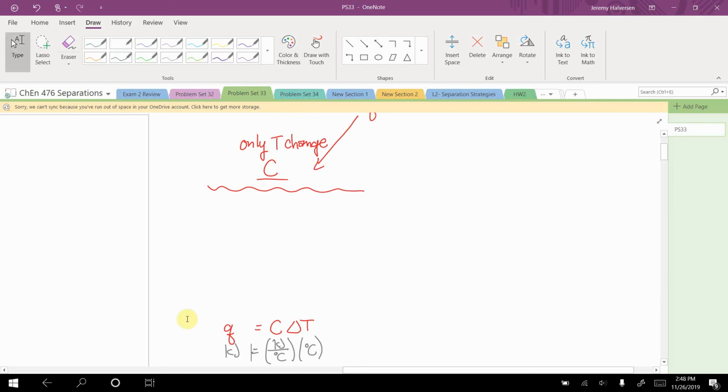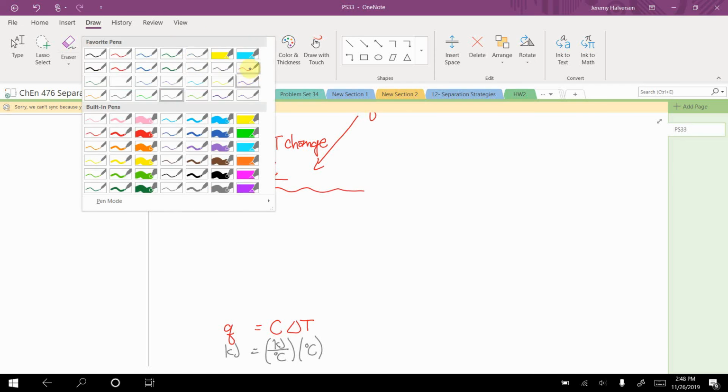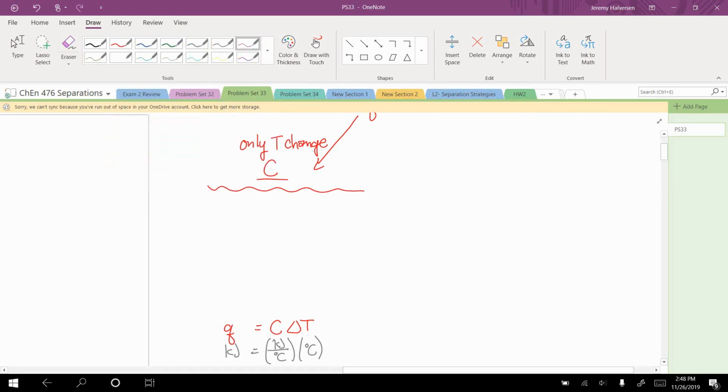So if we're changing temperature, that's one of the types of equations we can use. That's for a specific object, like a brick or a table. More often we use it when we're talking about calorimeters. So this is for an object.